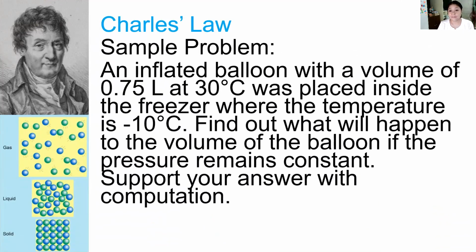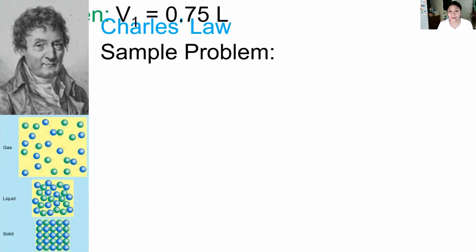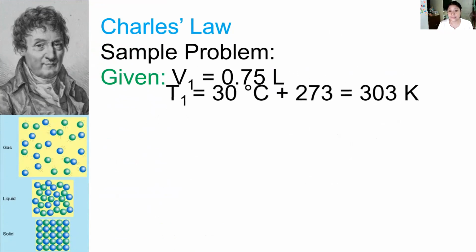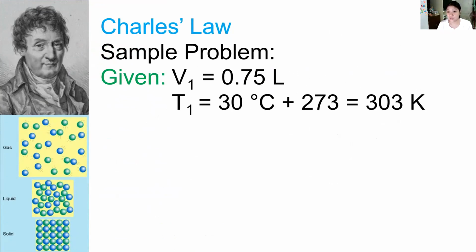For a sample problem, an inflated balloon with a volume of 0.75 liter at 30 degrees Celsius was placed inside the freezer, where the temperature is negative 10 degrees Celsius. Find out what will happen to the volume of the balloon if the pressure remains constant. Support your answer with computation. We substitute the values. V sub 1 is 0.75 liter. T sub 1 is 30 degrees Celsius.